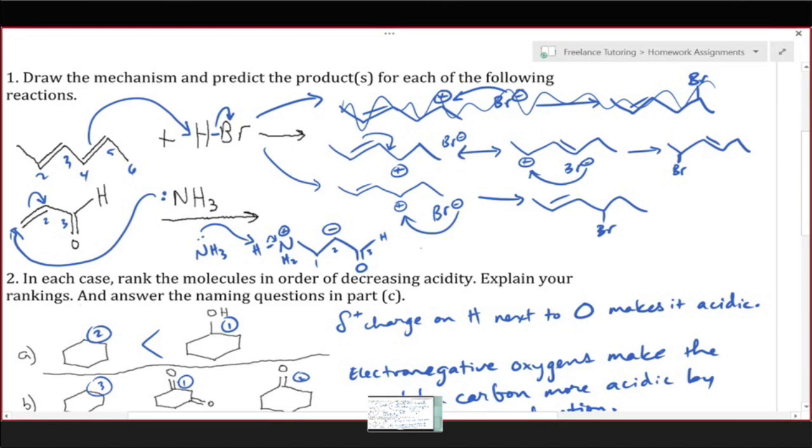Okay, all right. So that's a fairly good analysis. That certainly is one possibility. In this case, I think it's best to actually go with your first choice, though, and do the intramolecular reaction.